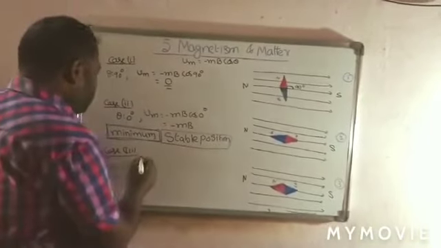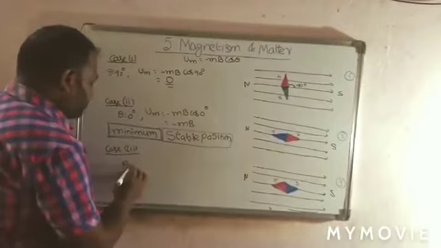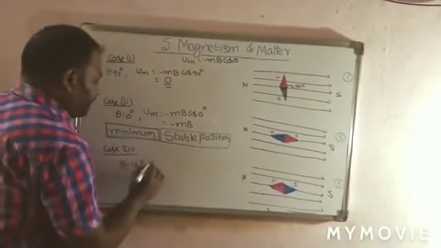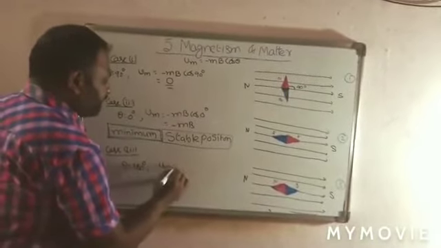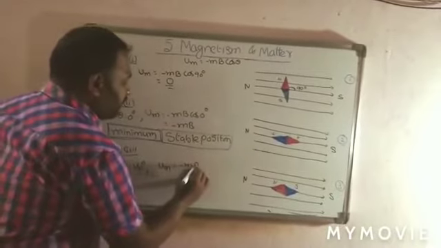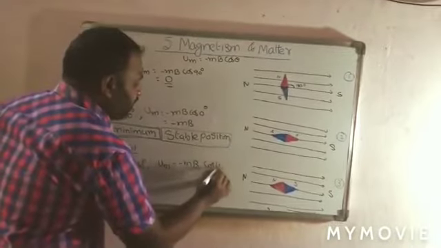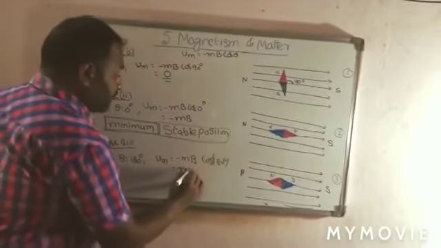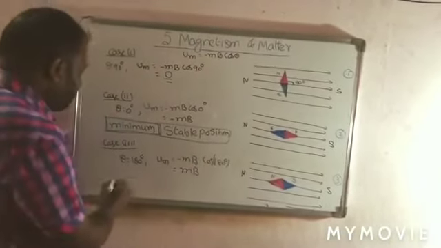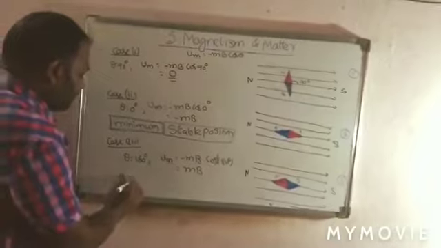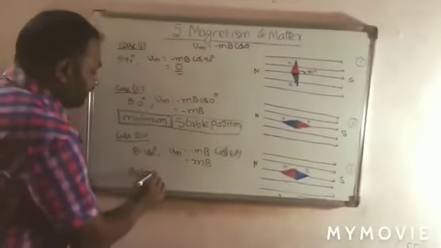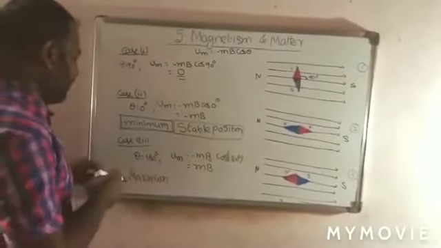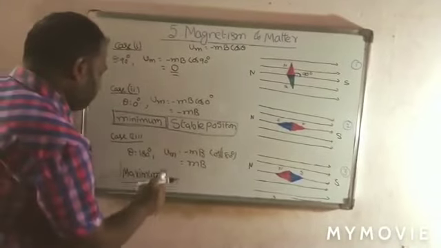Now see the last case, when theta is equal to 180 degrees. When theta equal to 180 degrees, potential energy is equal to minus mB into cos 180. Cos 180 is minus 1. So this is plus mB. Plus mB means the potential energy is maximum.